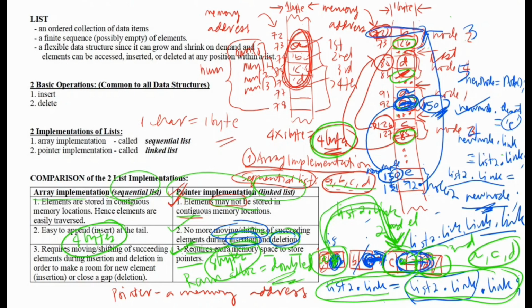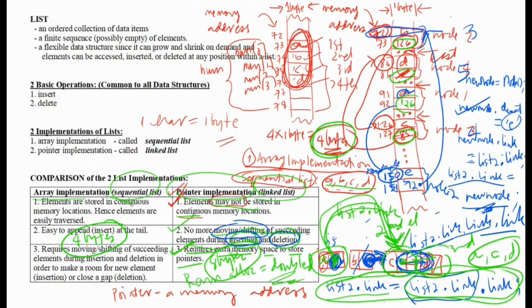So what happens in the RAM? Your A is now set to, what is the address of C? It is set to 126. So in here, from 72, the value of this pointer now becomes the address of letter C, which is 126.